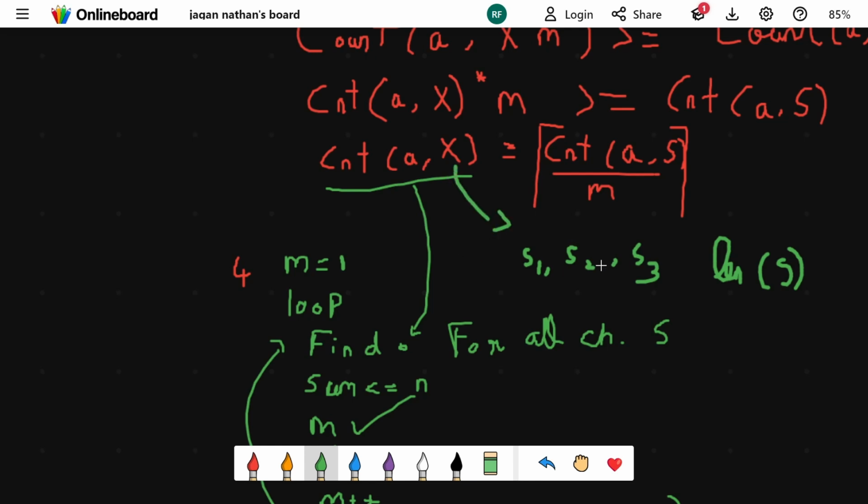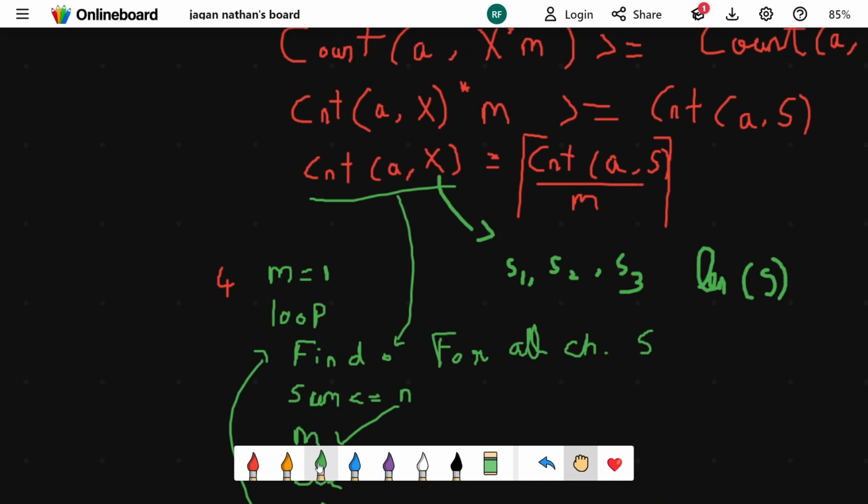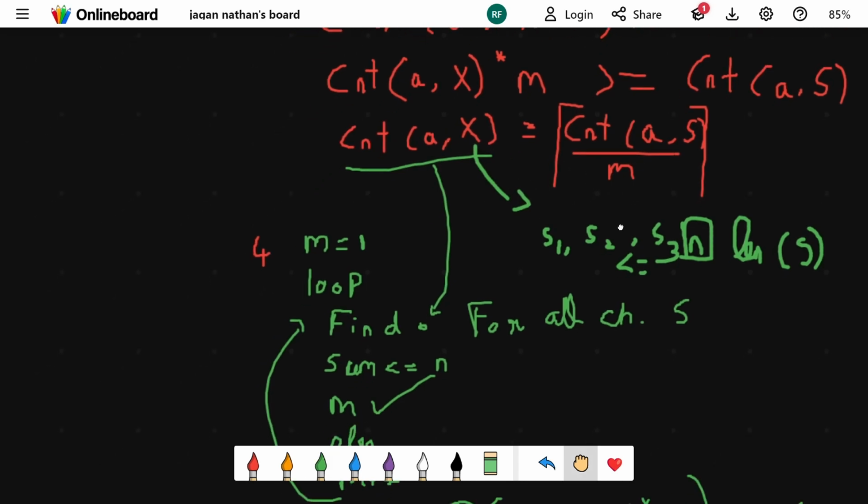And what we know about x is that it should be of length n. So the condition that should be satisfied is C1 plus C2 plus C3 plus so on should be less than or equal to n. On that occasion, we can generate a string x. So that's the idea behind it.